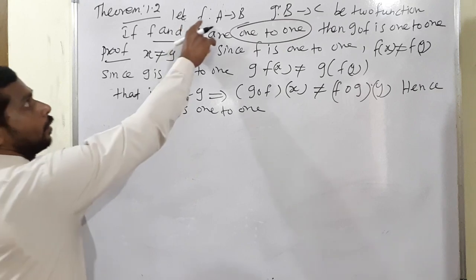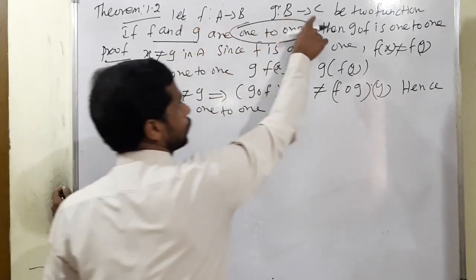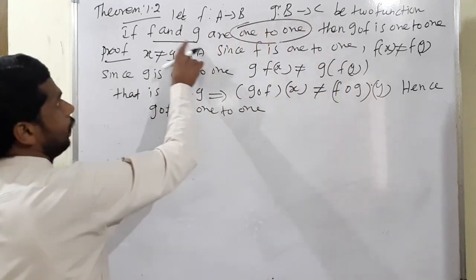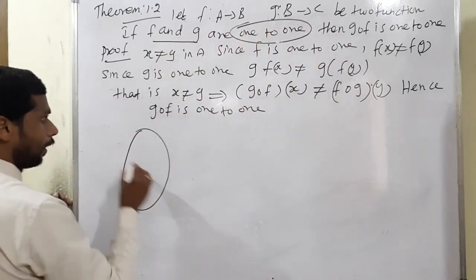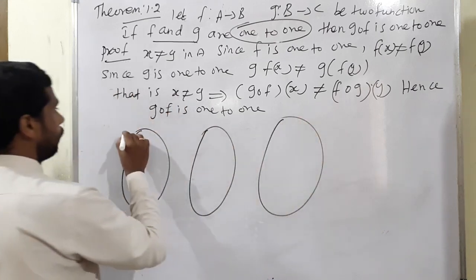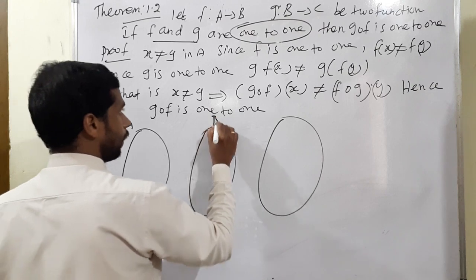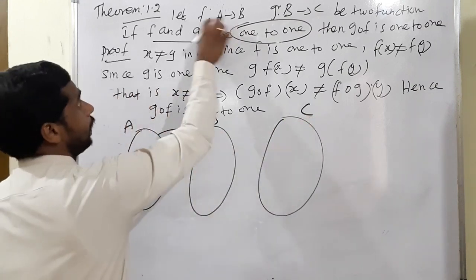I am moving to the proof of the theorem. What is the value? A to B and B to C are two functions, and both functions are 1 to 1. What is the meaning of 1 to 1? In the arrow diagram, this is A, this is B, this is C. This is the A to B function, which is f.